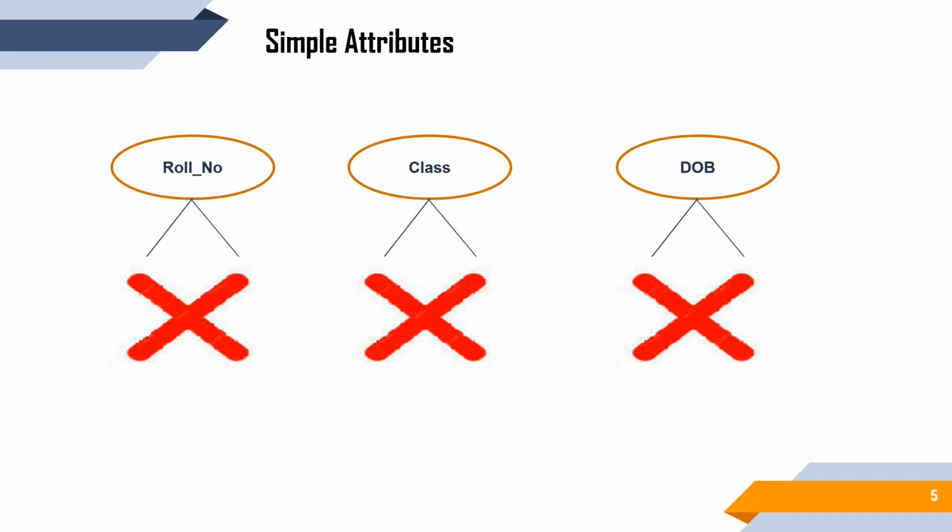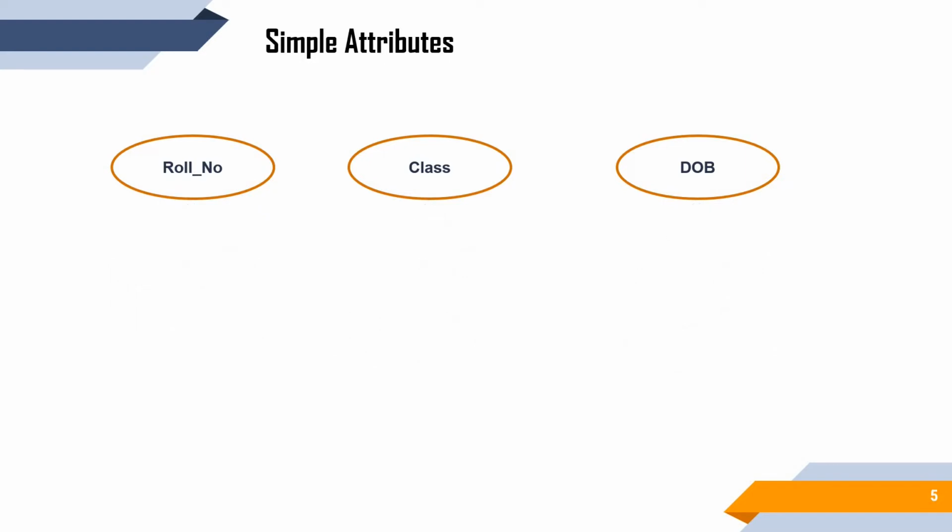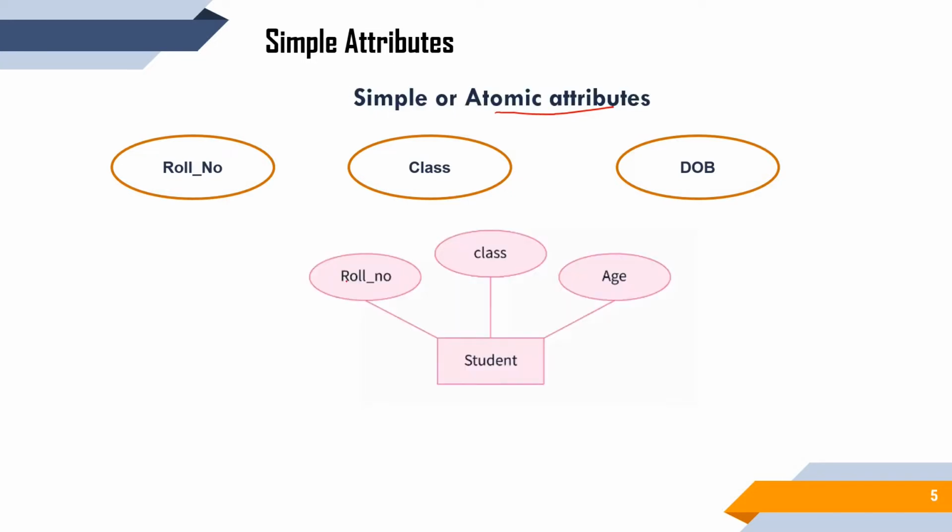And since they cannot be broken, they have another name. They are also called atomic attributes. Thus these simple attributes will be represented like this ellipse in your diagram.